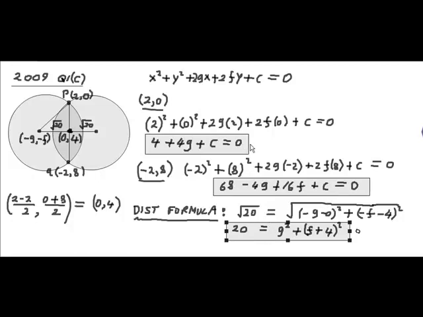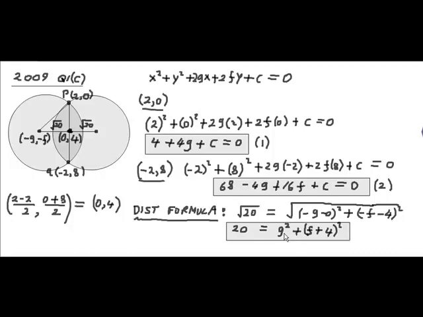The easiest way would be to subtract those two, and that gives you an equation in just g and f, and we also have an equation in g and f down here. The squared terms in g and f would indicate that we'll get a quadratic at some stage, which is what we expect, because after all there are 2 circles involved.